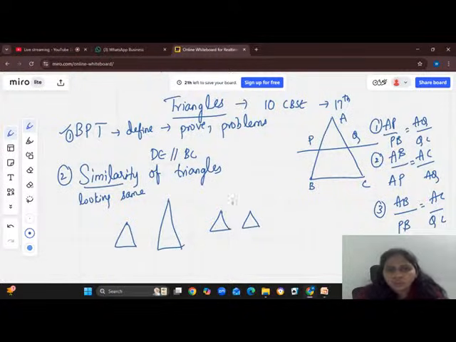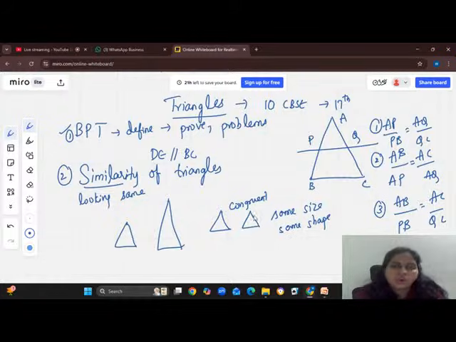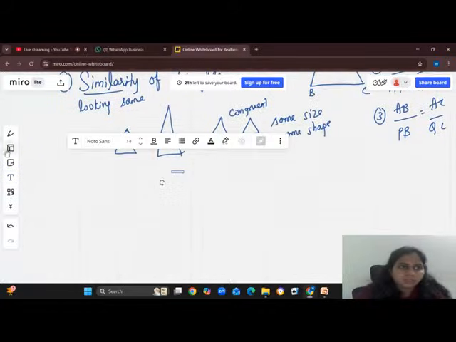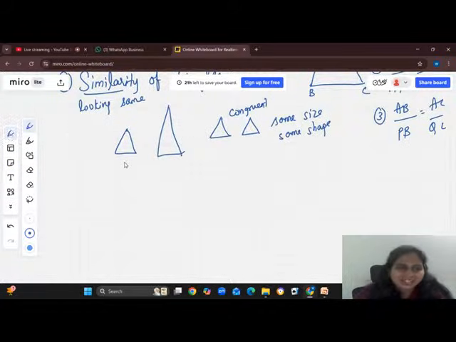This is called congruency. When they have the same size and same shape, we say the triangles are congruent to each other. Don't get confused between similarity and congruency. Let me talk in mathematical language.